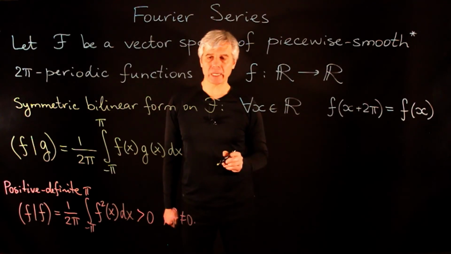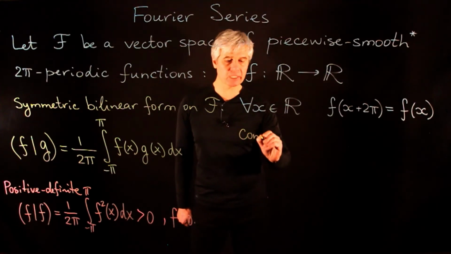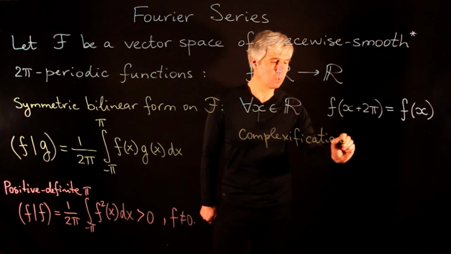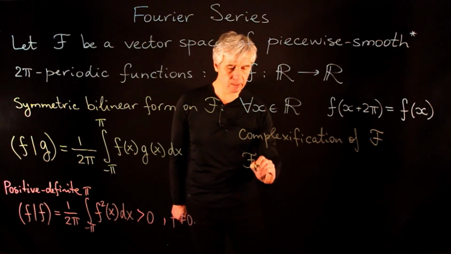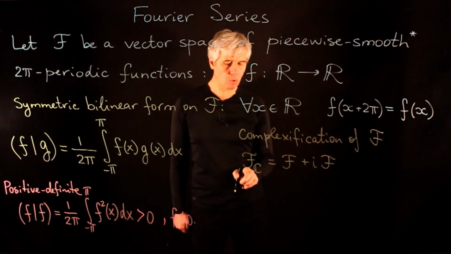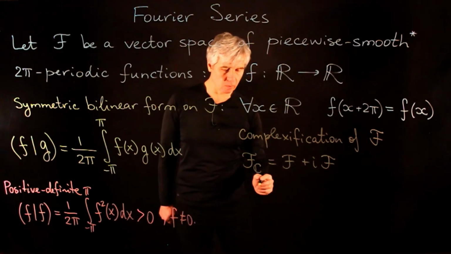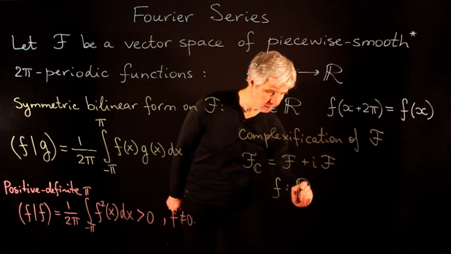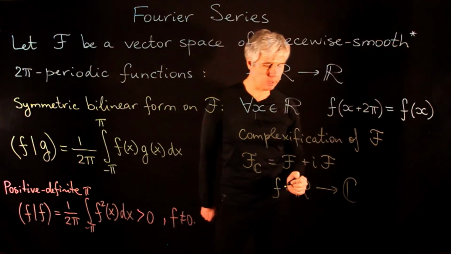It will be useful for us to extend this construction into a complex setting, and we consider the complexification of the space F. So here, Fc, which is F plus iF. Now, objects of this space get a real part and an imaginary part. So we can interpret this as functions from a real line to complex numbers that are piecewise smooth and 2 pi periodic.